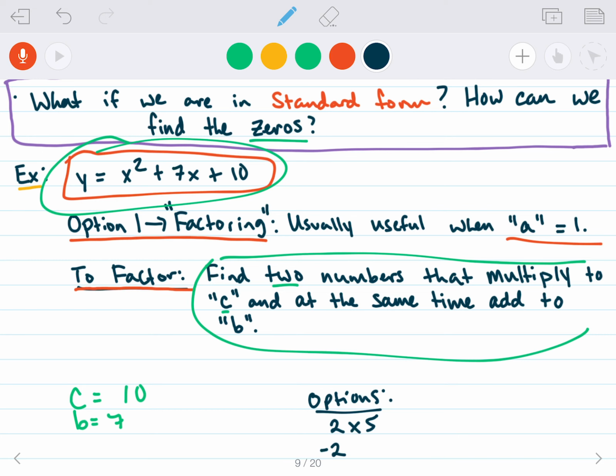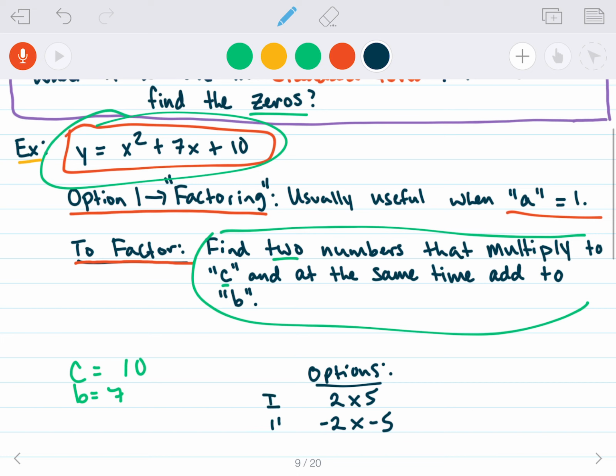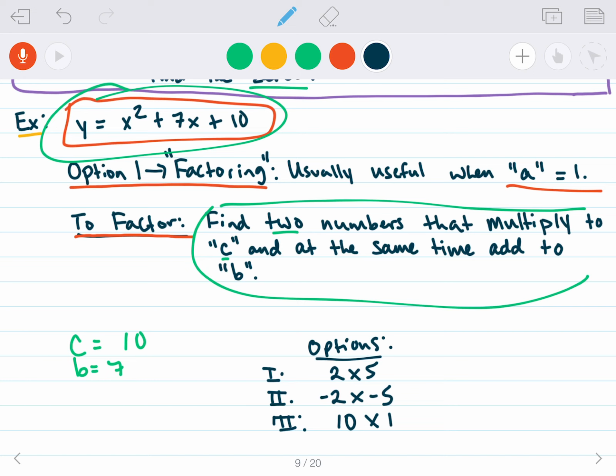We also have negative 2 times negative 5. So that's option 1, option 2. We also have option 3, which is positive 10 times positive 1, and we can flip the order around as well. All right, so those are our options.